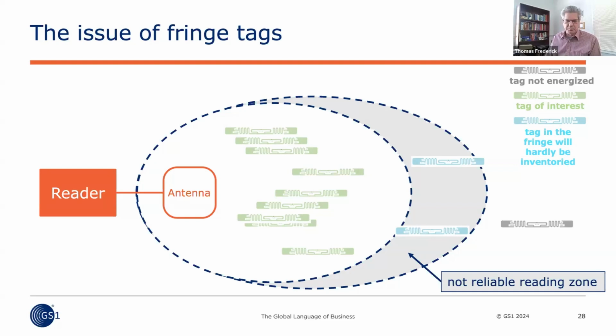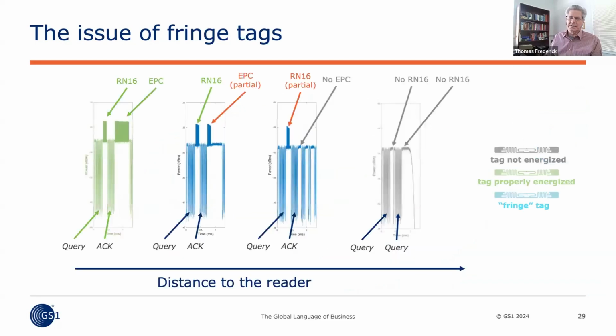So next slide, please. This is a different illustration of the problem. These are the signals captured using a field probe, so you can see the reader command modulation, and you see the tags backscatter.